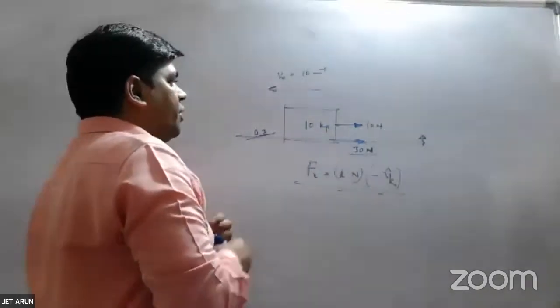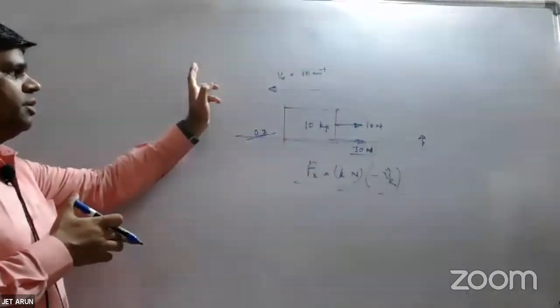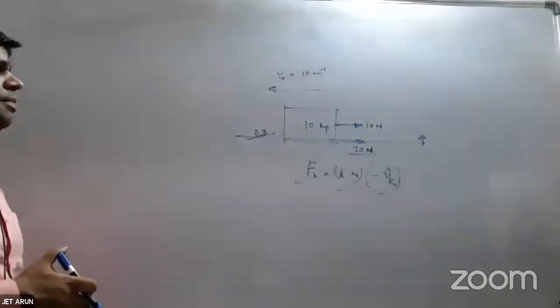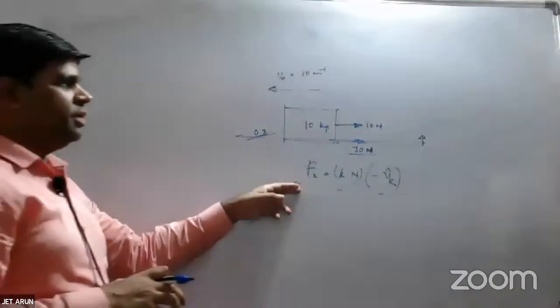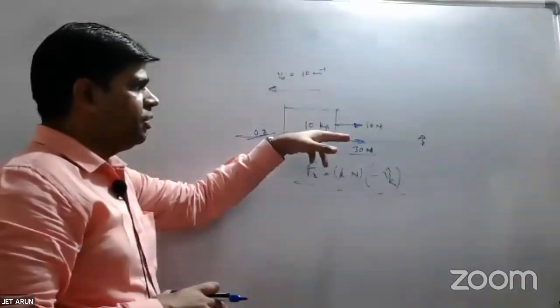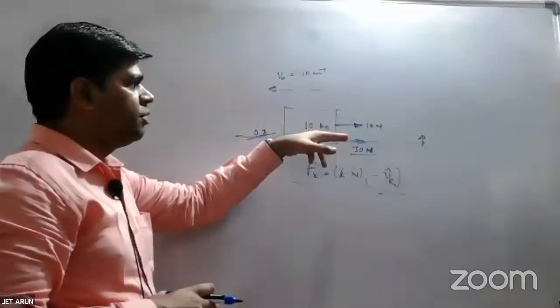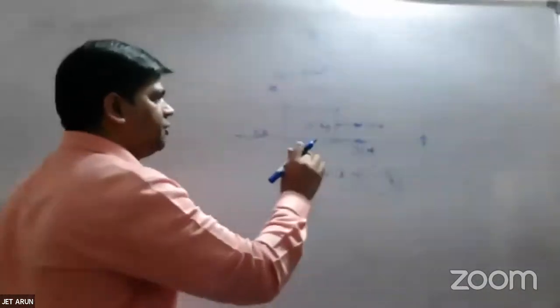All right. So now let us find out the acceleration of the particle. I project the particle with velocity v naught, and I have to find the acceleration of the particle. What is the friction? 30. Let me make the applied force 20.